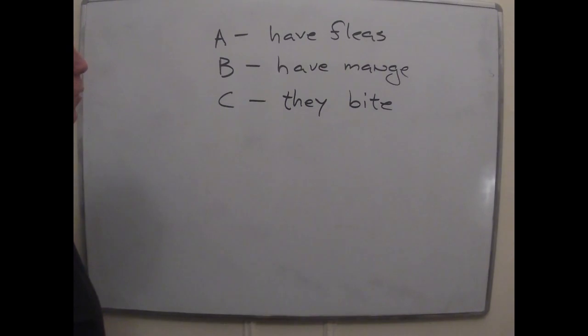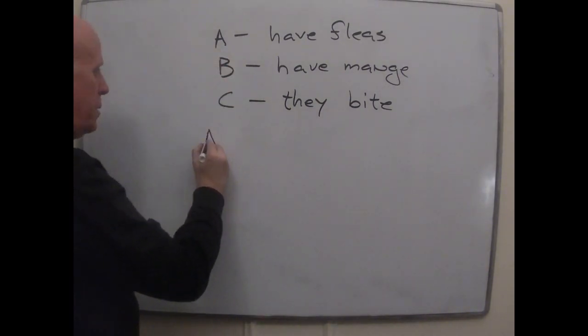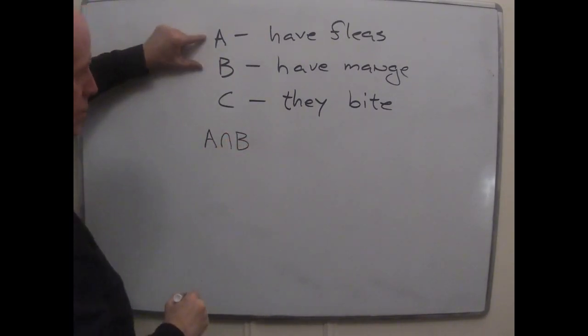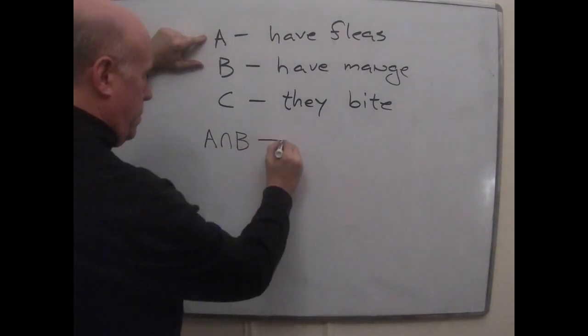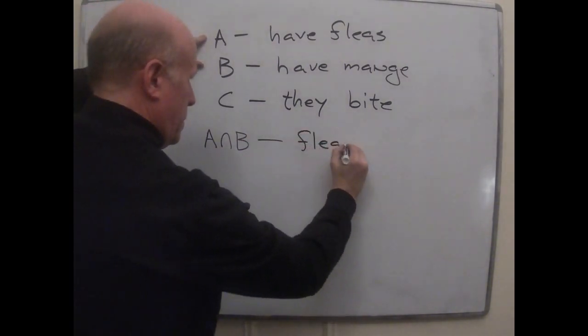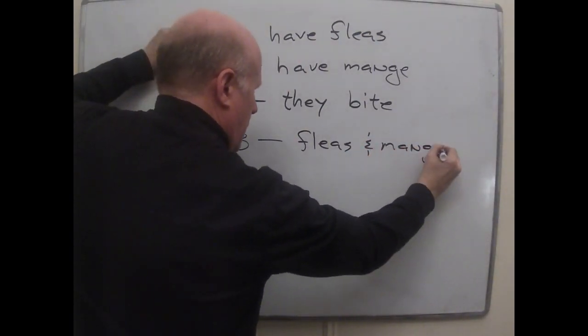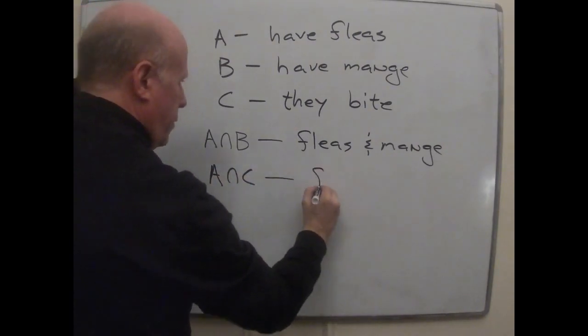now I'd also like to think about what the intersections are. So what does A intersect B? Well, those are very unfortunate dogs. They have fleas and they have mange. And what are the other intersections? A intersect C? These have fleas and bite.